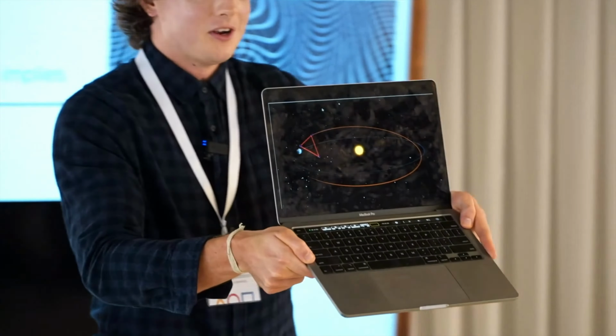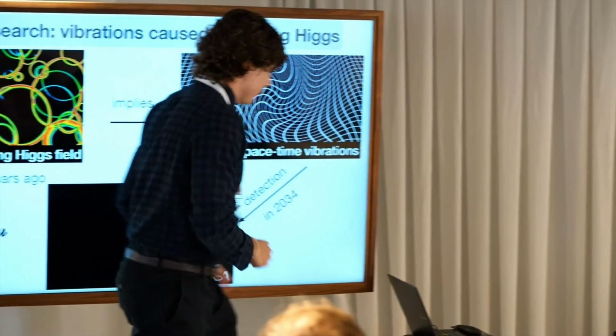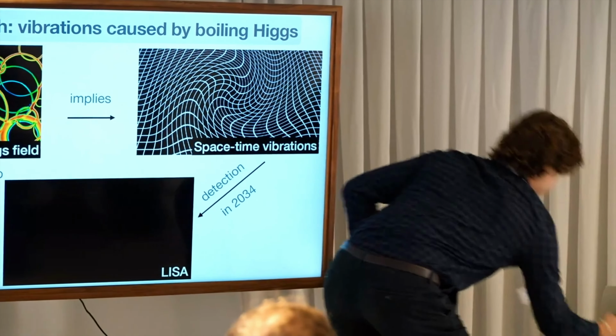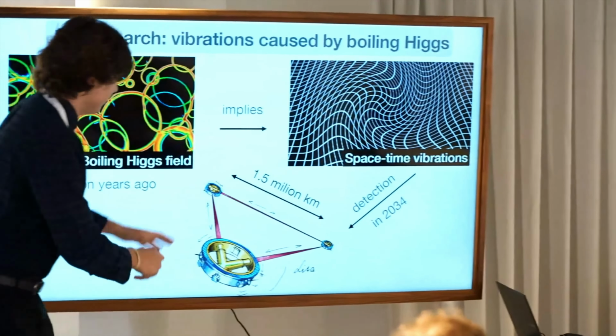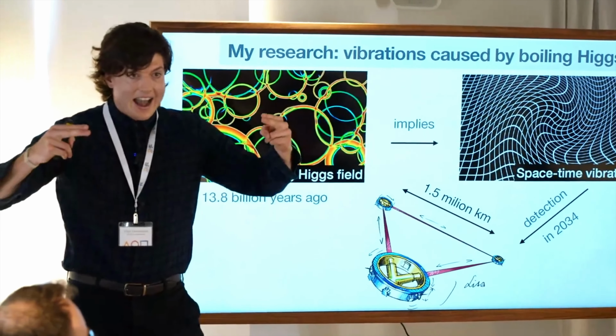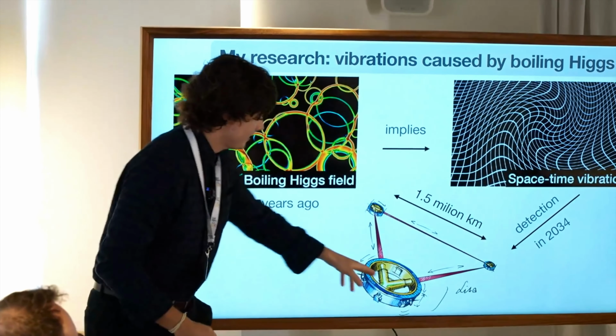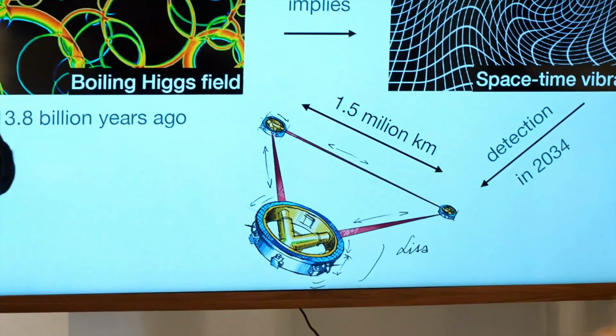This will be gigantic, the biggest machine ever created by human beings. And this will try to probe if space-time vibrates. So it's a triangle. I have the picture here. It's a triangle of 3 satellites, and each satellite is connected with the 2 others with laser beams. In red are laser beams. And those lasers measure very precisely.